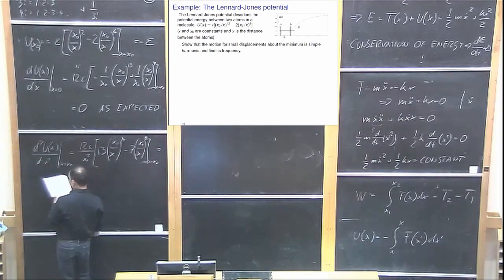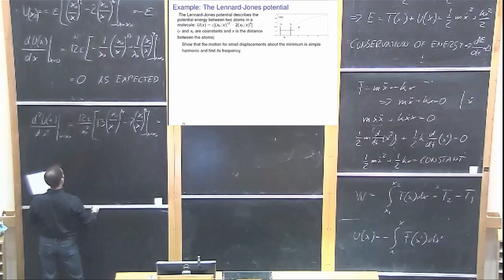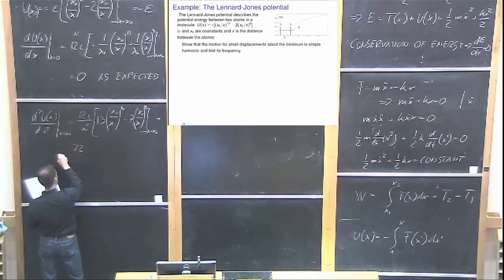If you collect all the terms, you end up with 72 epsilon over x naught squared.